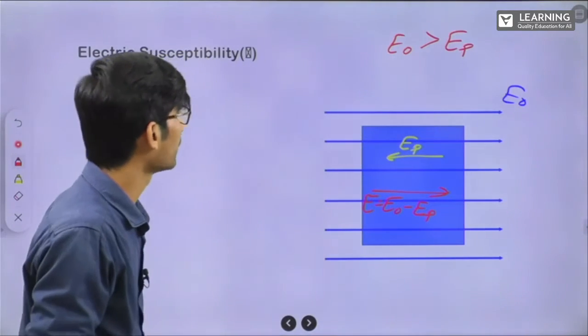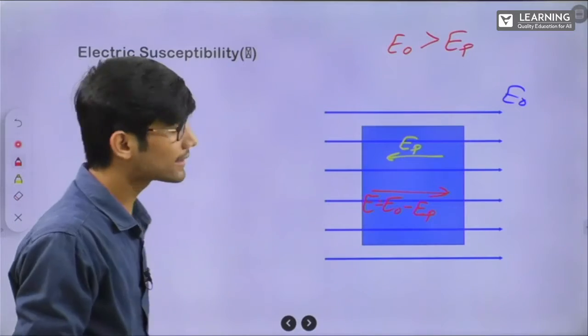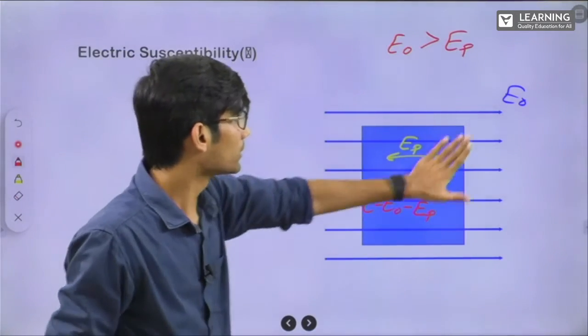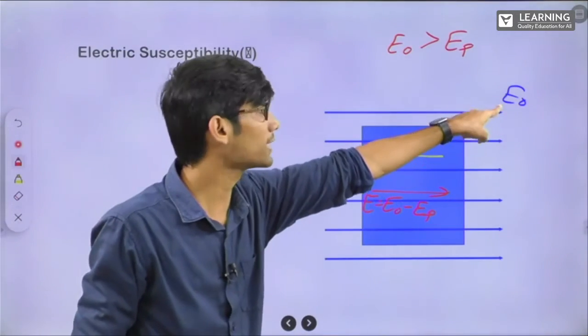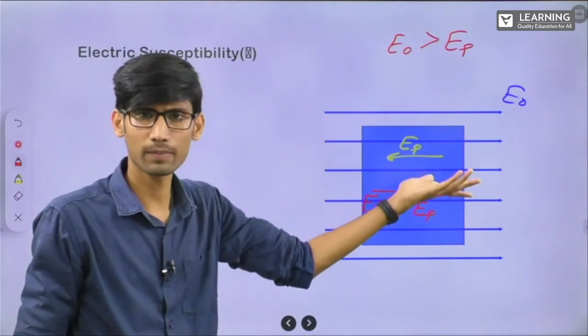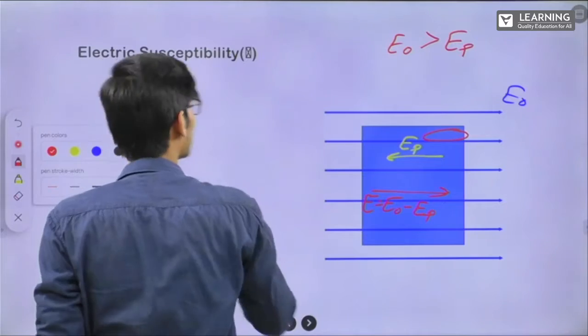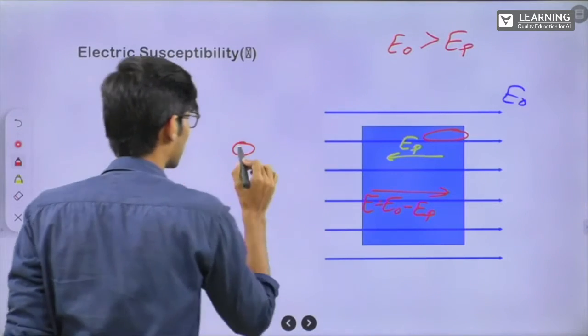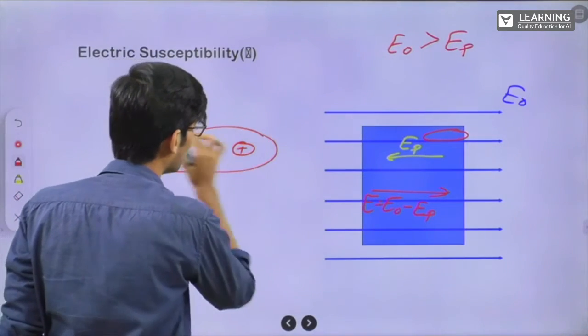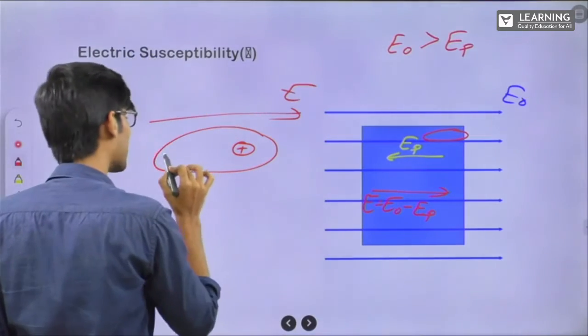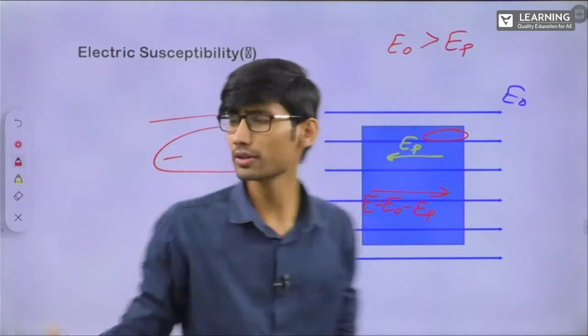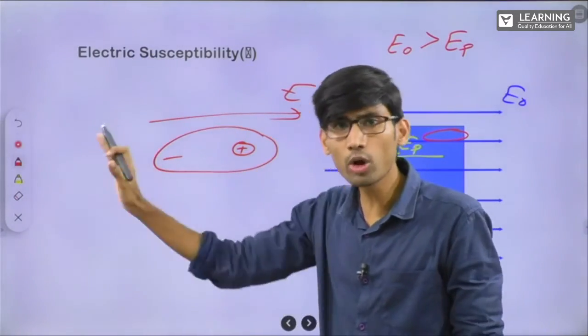Clear? Now, what is electric susceptibility? Understand, the stronger this electric field, the more the polarization. Let's say this is an atom, this is the positive charge. If the electric field is very strong, this negative charge will move more.